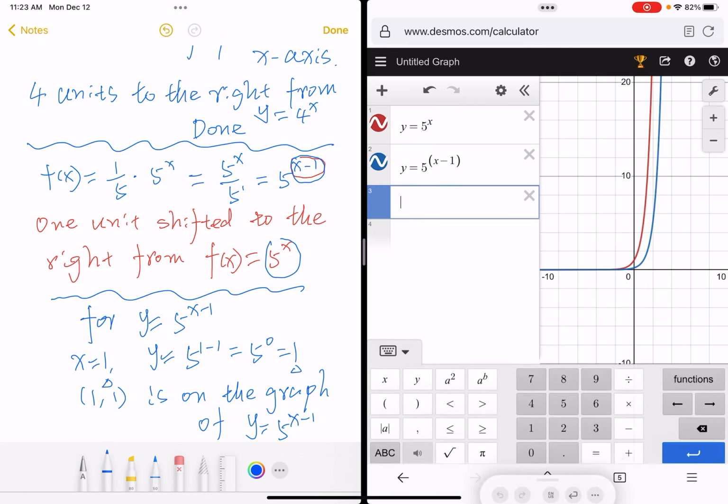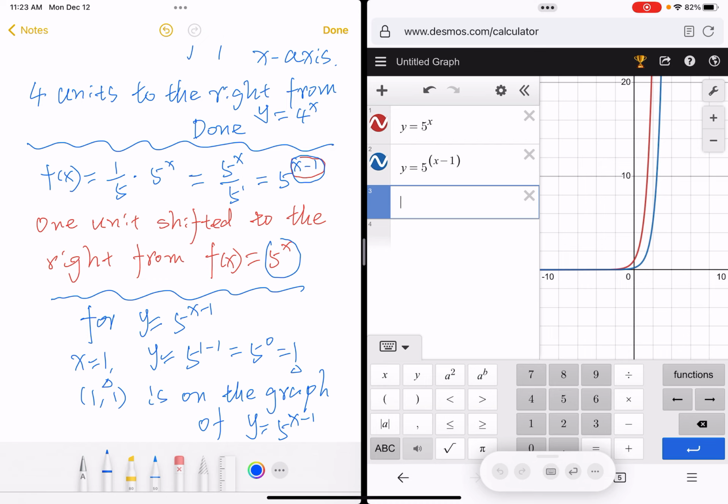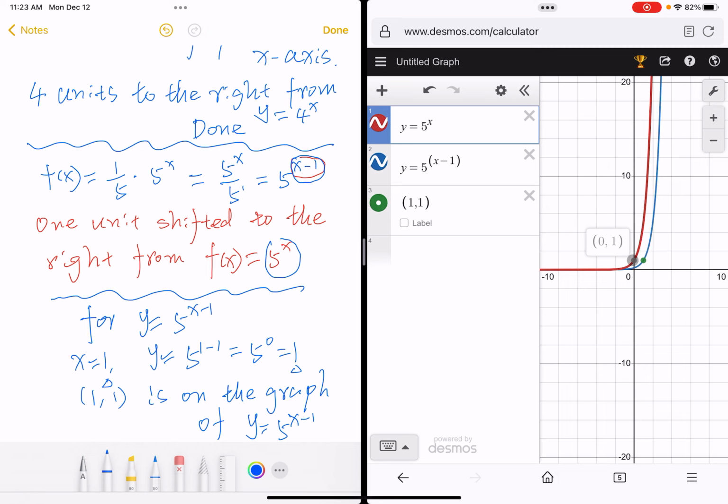So you may input, for example, right here, 1, 1. That would be this point. Again, here is 0, 1. Here is 1, 1. Okay? So it's shifted 1 unit to the right-hand side.